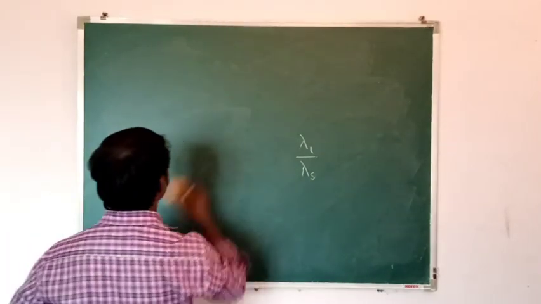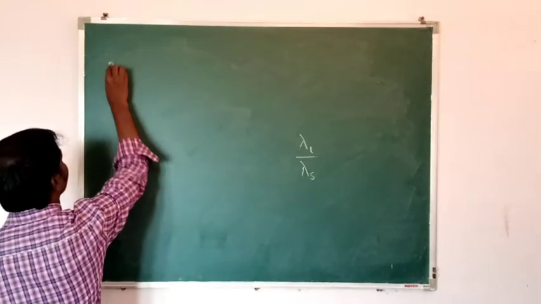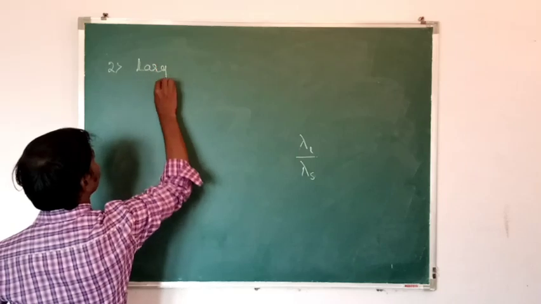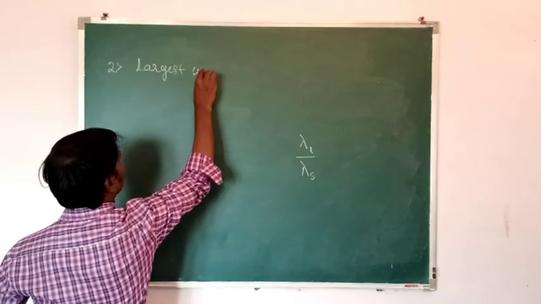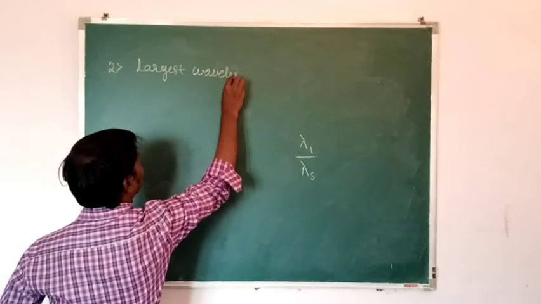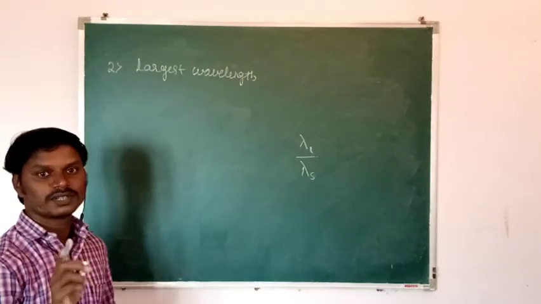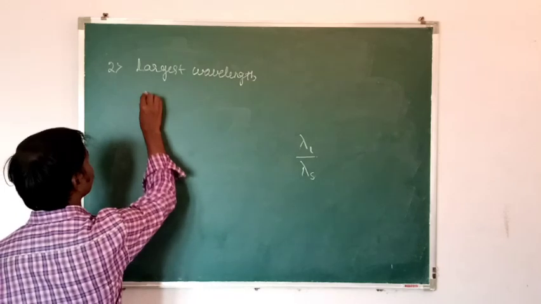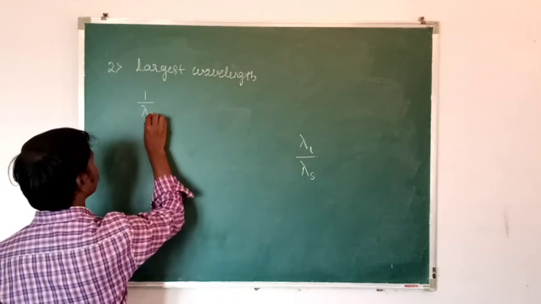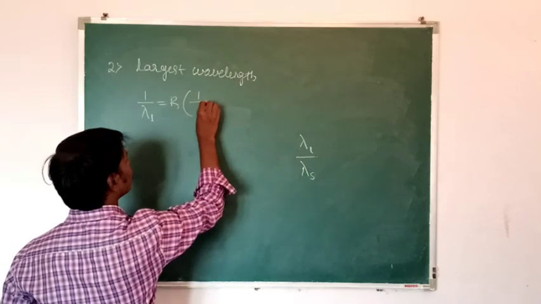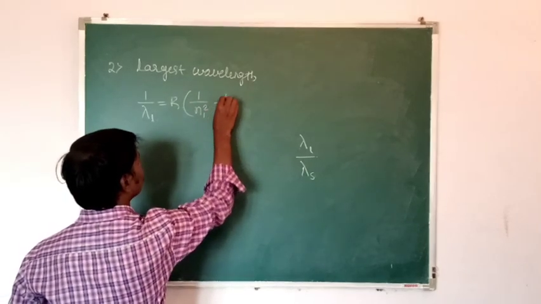Then second one, largest wavelength. So in case of which series? Balmer series. Then 1 by lambda L is equal to R into 1 by N1 square minus 1 by N2 square.